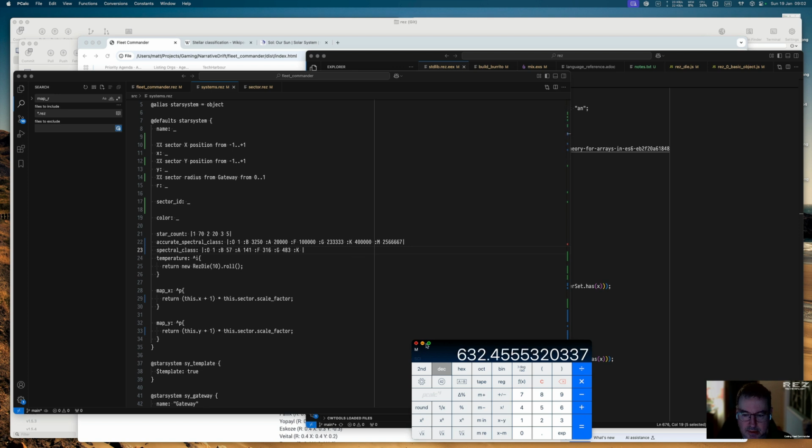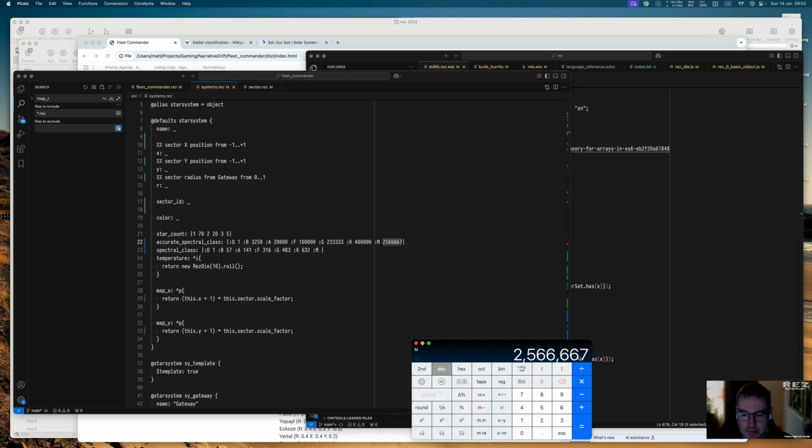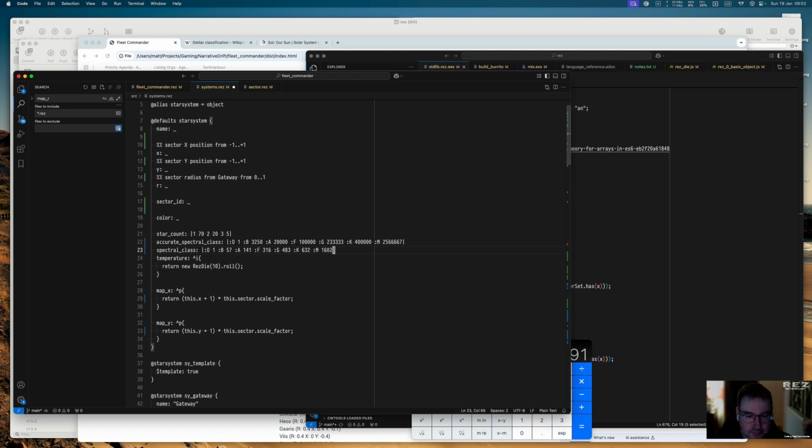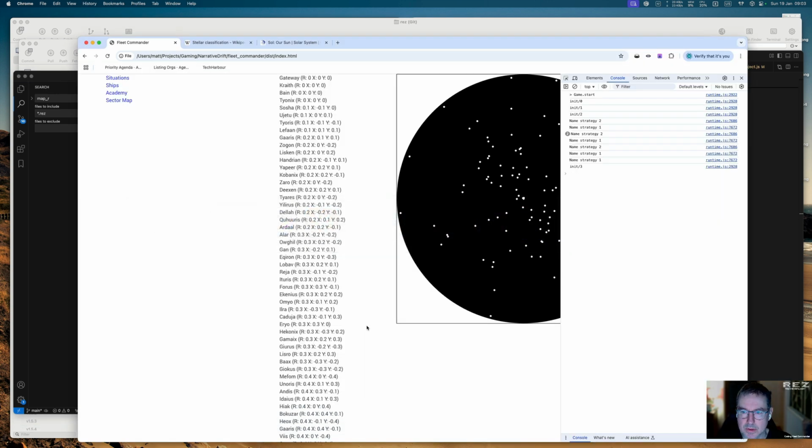Square root of that is 632. And M stars, let's just grab this, so the square root of this is 1602. Okay, so I've damped down those probabilities, and we could do that again, but let's see what that looks like.